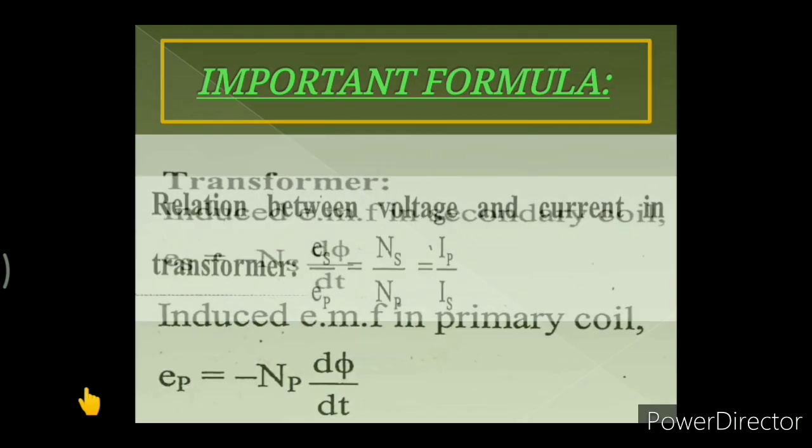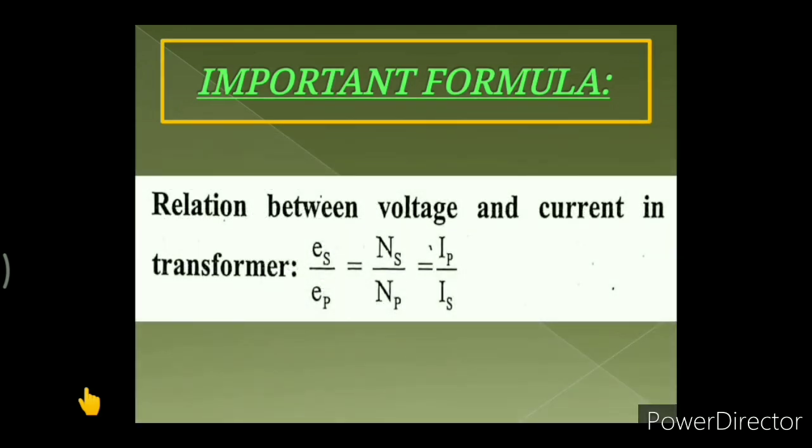Then there is a relation between voltage and current in the transformer, which is given as ES upon EP is equal to NS upon NP, as well as ES upon EP is equal to IP upon IS. As ES and EP are the EMF induced in the secondary and primary coil, NS and NP are the number of turns in the secondary and primary coil, IP and IS are the current in the primary and secondary coil.